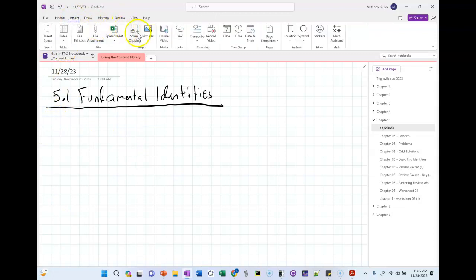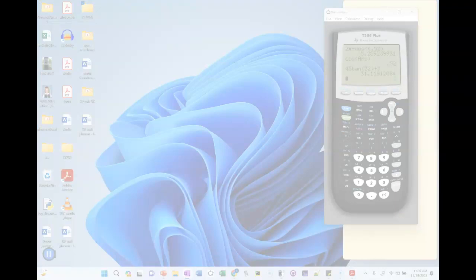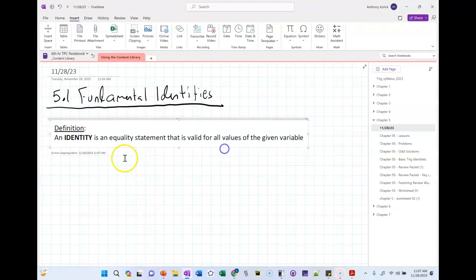And what do we mean when we say an identity? Well, an identity is just an equality statement, so it has an equal sign in it, that is valid for all values of the given variable.